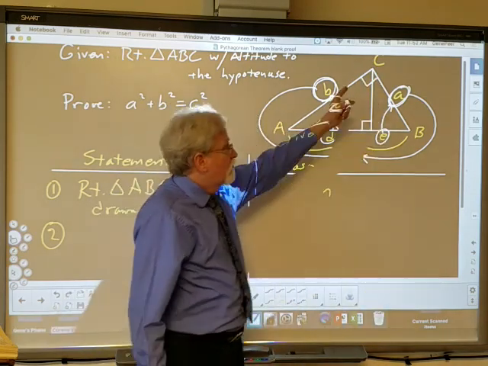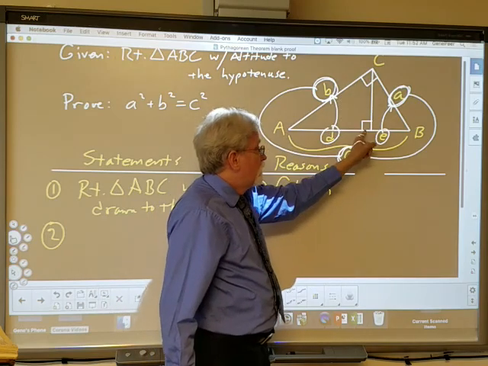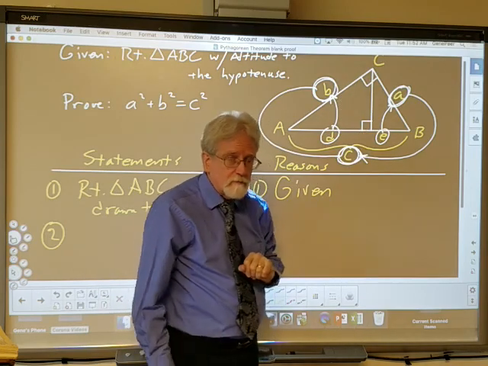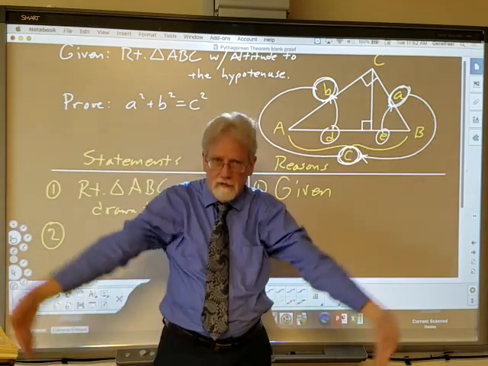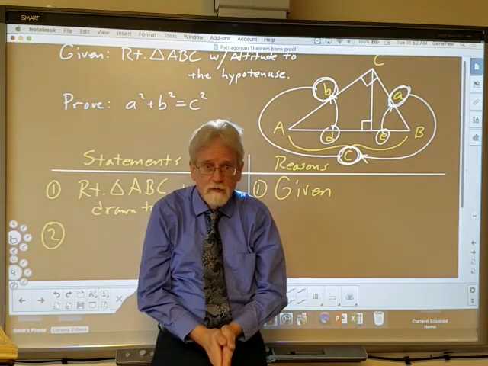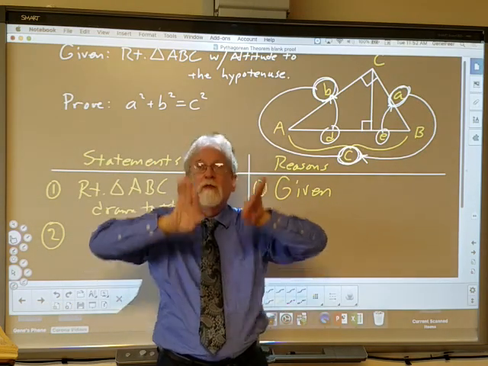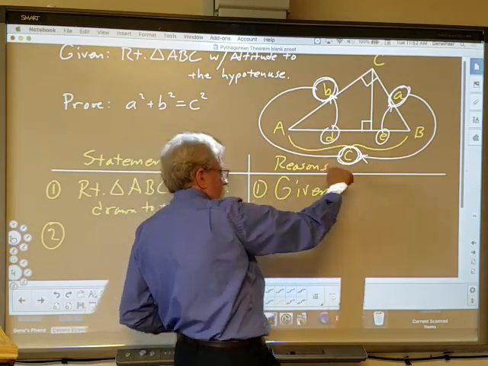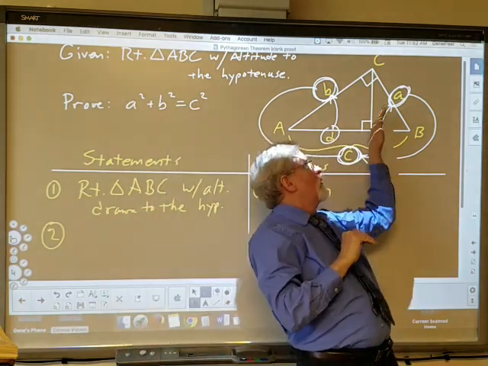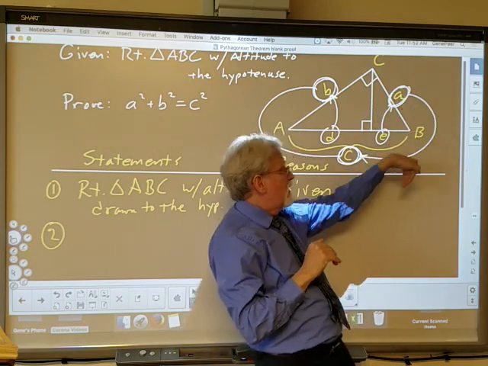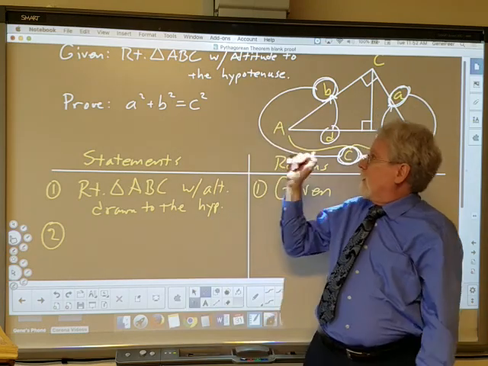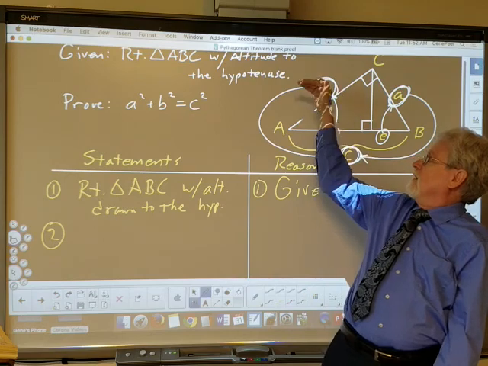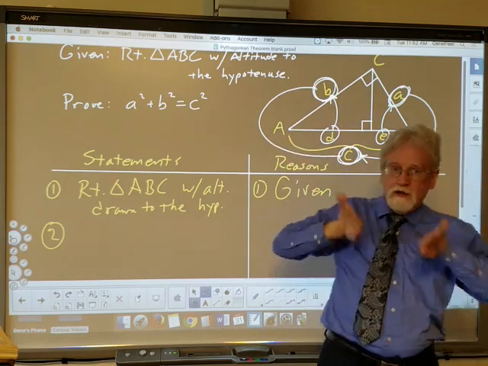When I have a right triangle with the altitude drawn to the hypotenuse, then this will always be true. I call it diving through the roof. That d over a equals a over c, and on the other side, d over b equals b over c.